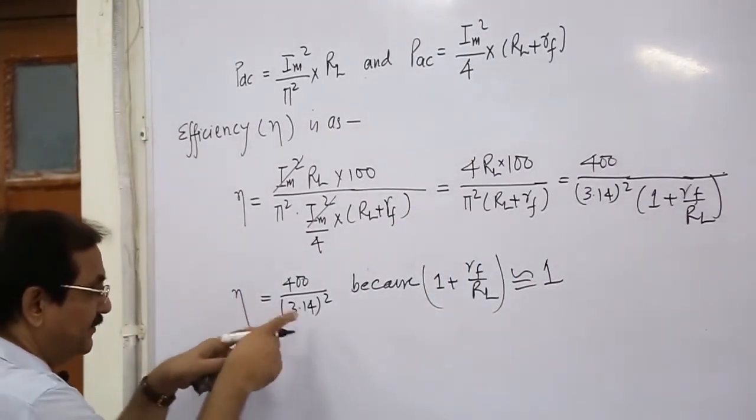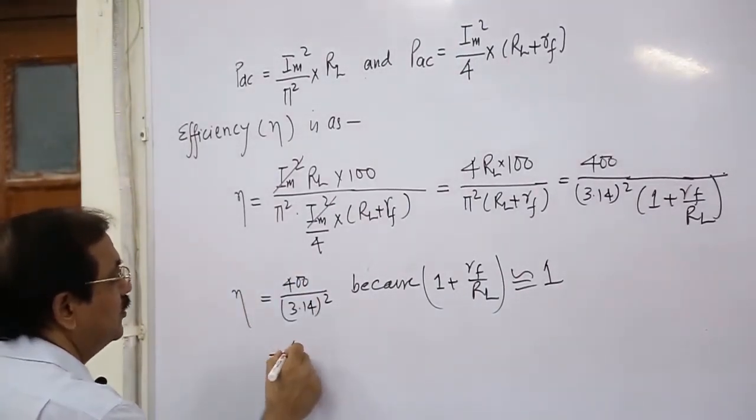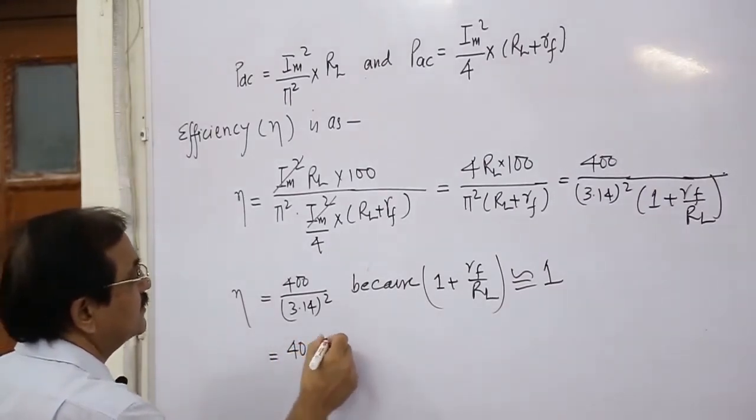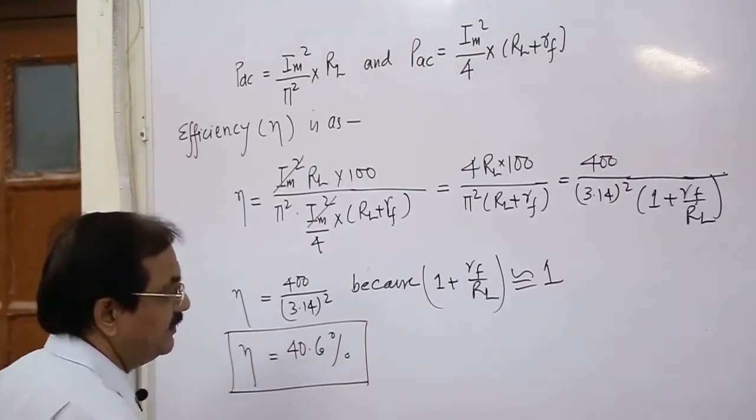So, if it is 10, then it is just 40.6% the efficiency in half wave.